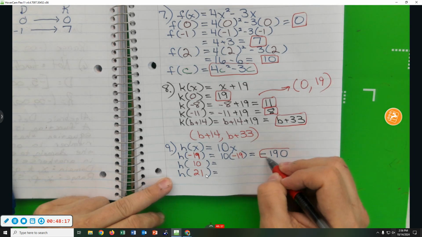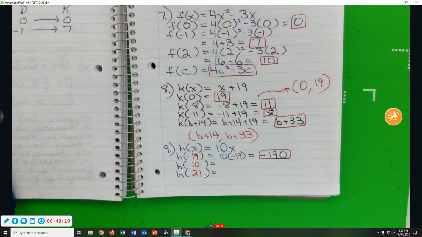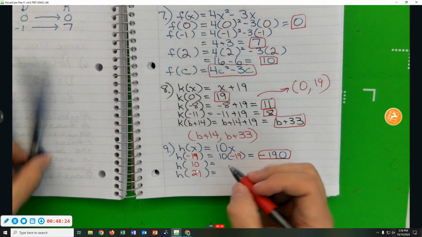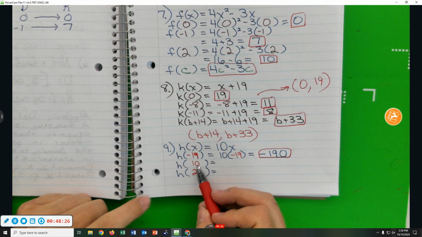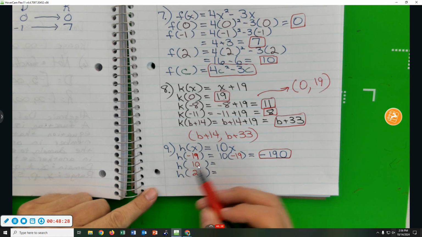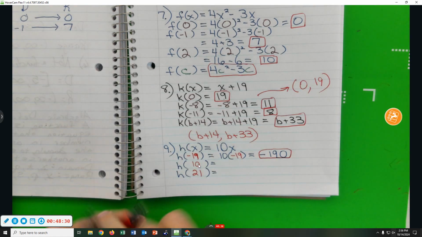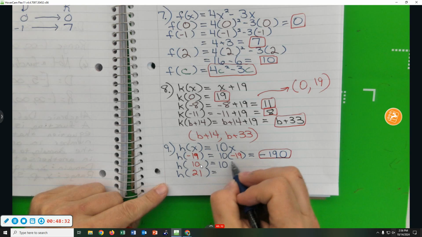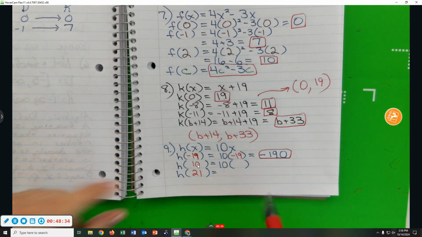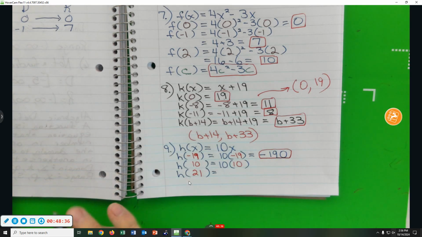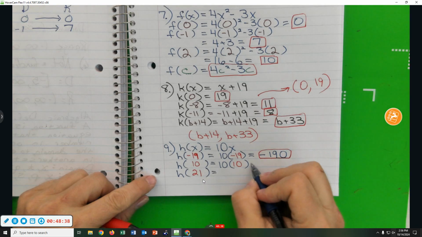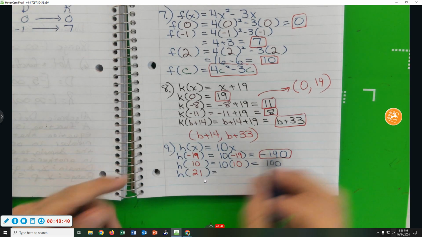We'll answer all 3 of these, then we'll type in the answers. h of 10, that says go to your function h, wherever you see a variable, replace it with 10. 10 times 10 gives us a nice y value of 100.